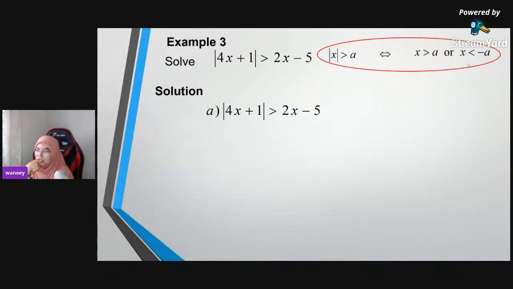Ada dia bagi poker kat aku. Diorang ni tak habis-habis duk sebut pasal game. Mentang-mentang lah balik rumah.